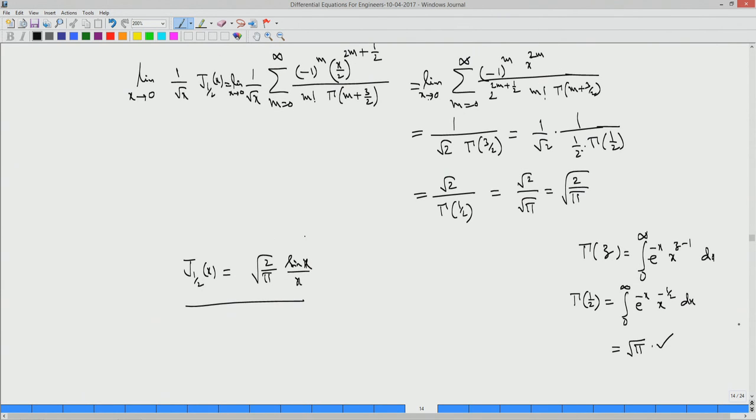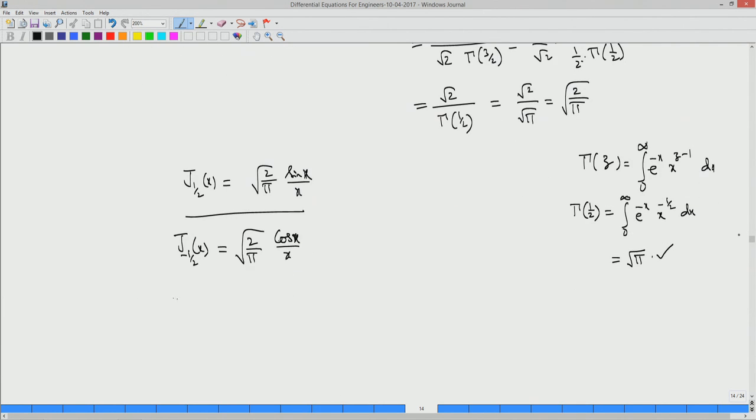Now, the next question is what is J minus half of x? This also you can show: it is root 2 by pi cos x by x. How do I show that? That is not difficult to show.